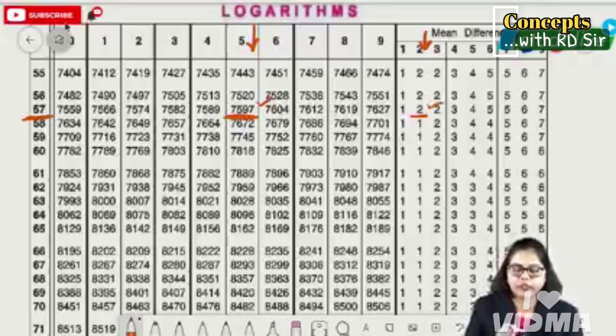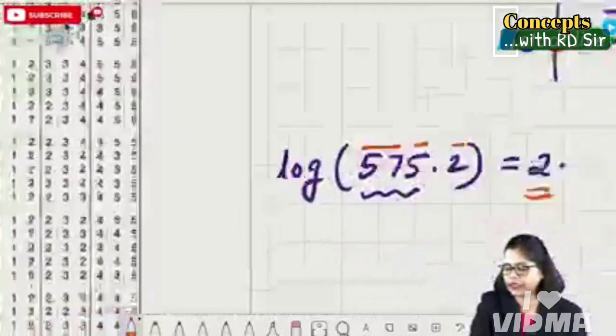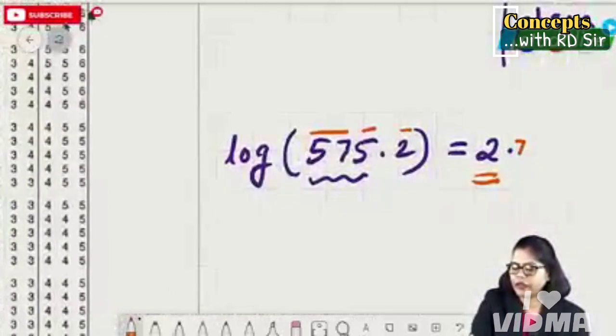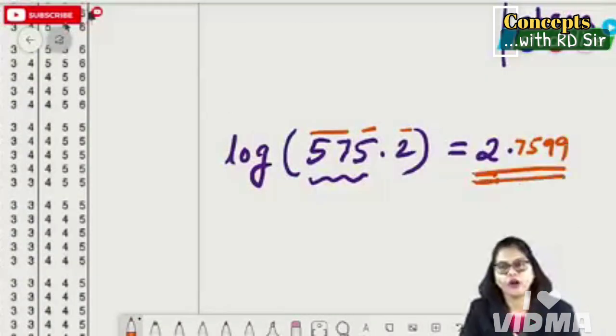So what do you get? 7, 5, 9, 9. 2 I have added to that. So 7, 5, 9, 9. That is the mantissa value. So I am going to write here 7, 5, 9, 9. This is the log value of 575.2.